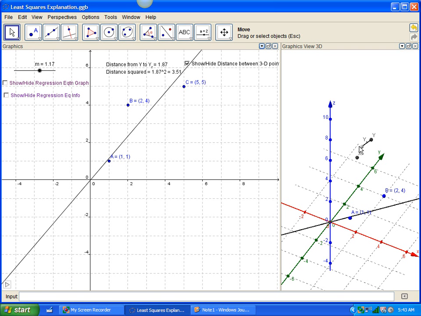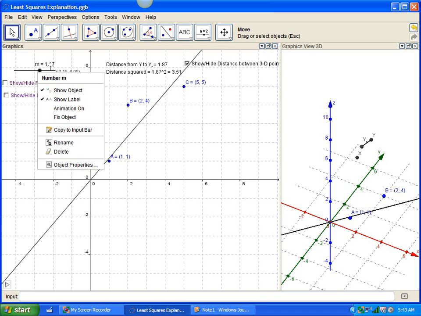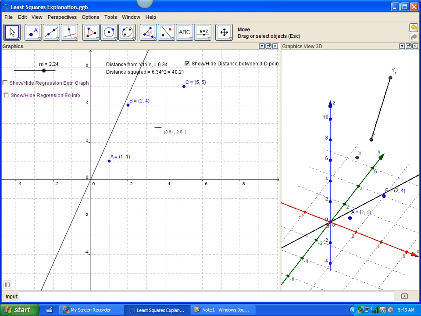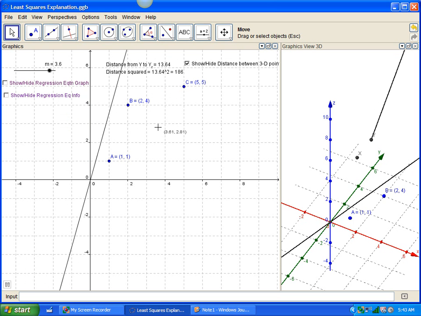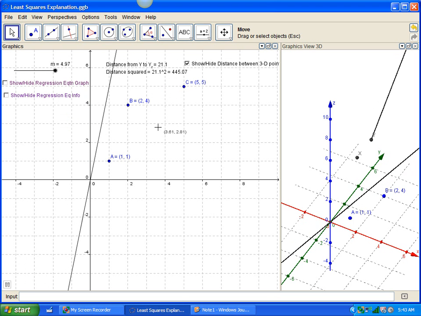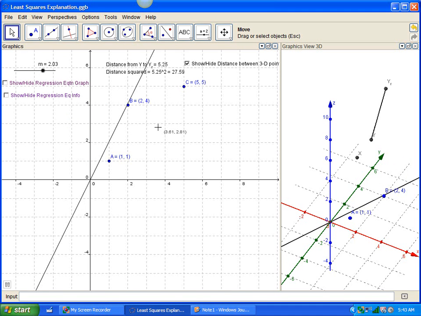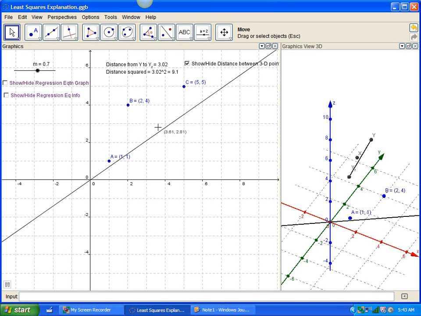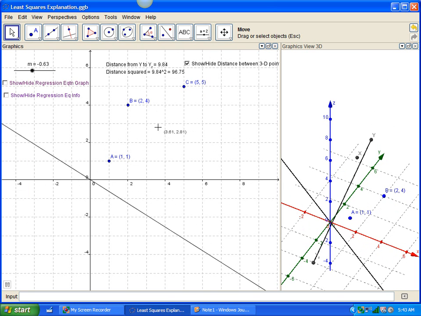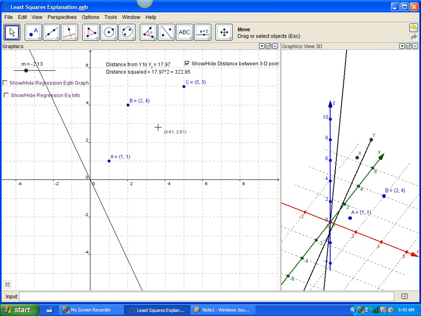When I minimize that distance, I minimize the sum of the squares of the residuals, and that's pretty much all there is to it. So given that that's our criterion for best fit, and it seems to me to be a pretty good criterion, and a logical criterion, we've now shown why we use the least squares method for regression.